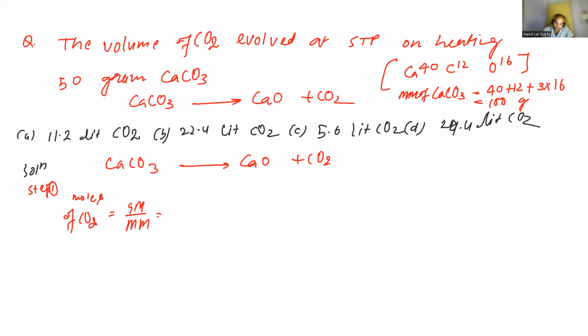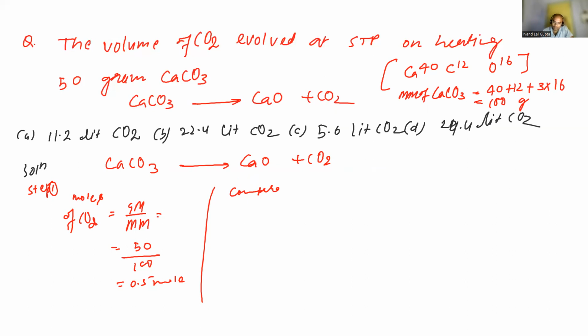So this is 50 divided by 100, so 0.5 mole. Now the limiting reagent itself is there, so no need to do the next step. Directly we go to step number 3.